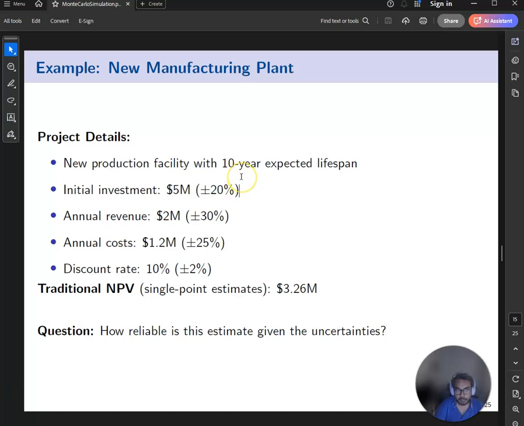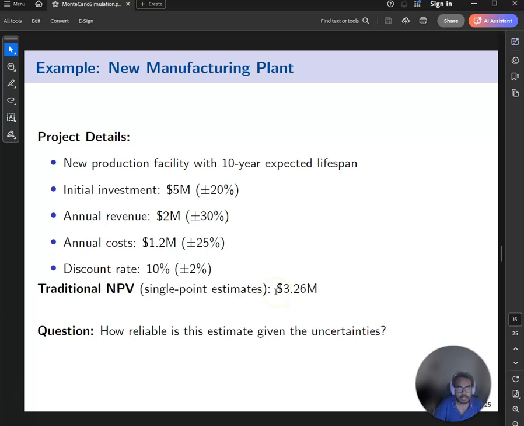I'm expecting 5 million, but I'm also expecting that it comes with some element of uncertainty. So there's a 20% chance this is going to be more than or less than 5 million. My annual revenue I'm expecting to be 2 million with a margin of 30%. My annual cost is going to be 1.2 million with a margin of 25%, and my discount rate is 10% with a margin of 2.